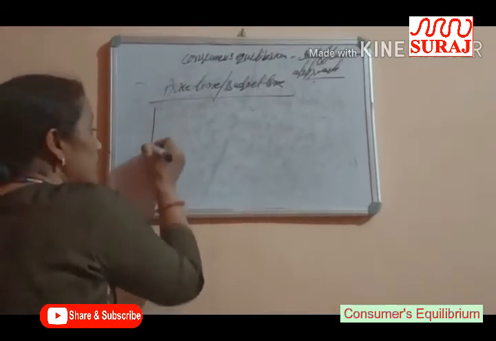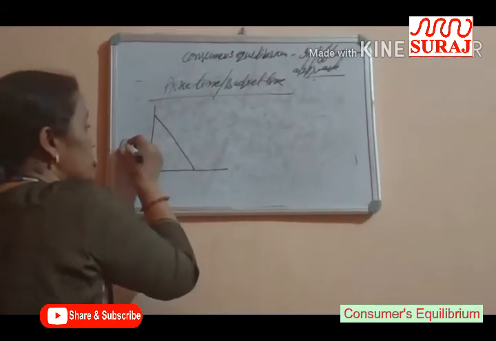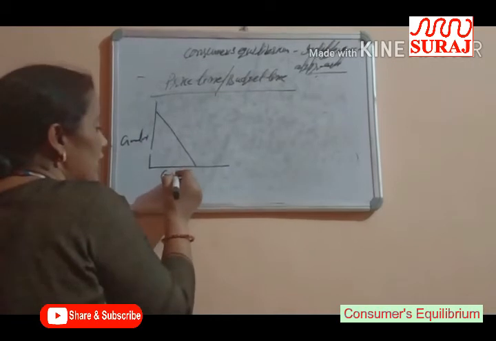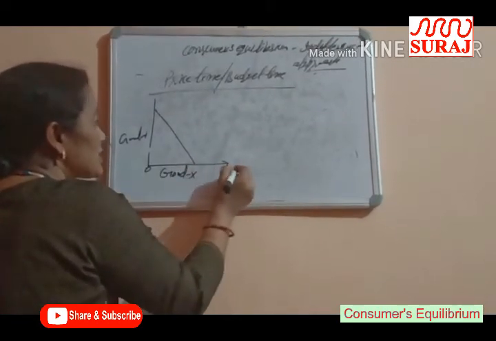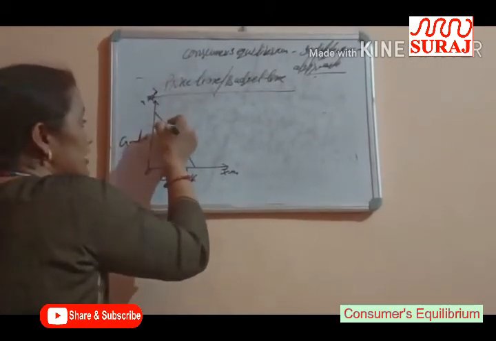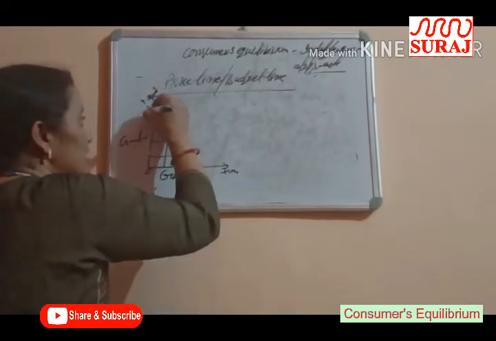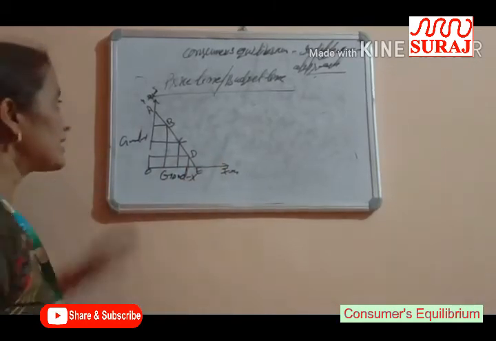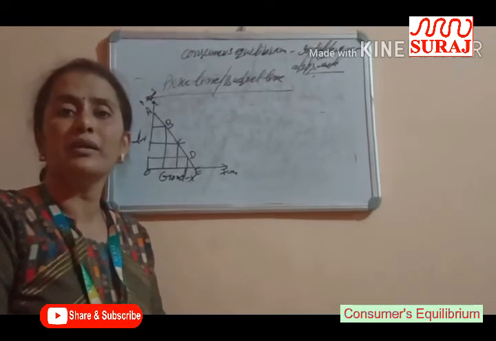So what do you mean by the budget line? The budget line shows the different combinations of two goods when the market price and income are constant. It means A, B, C, D and E are the different combinations of two goods when market price and income are given.